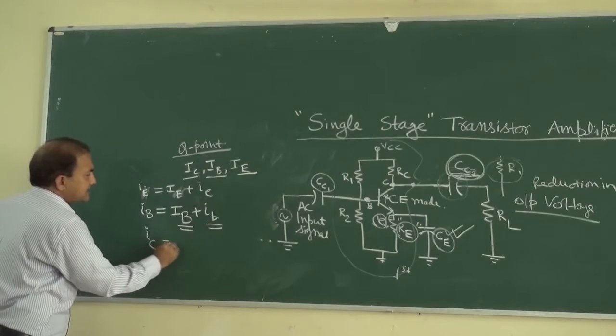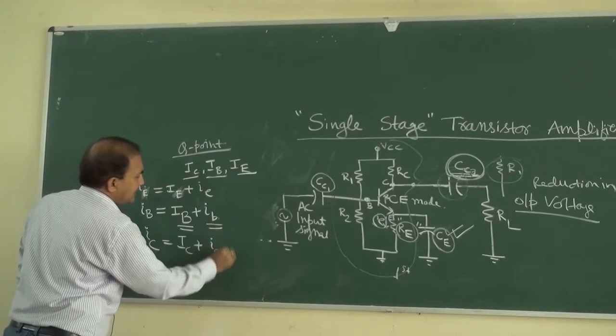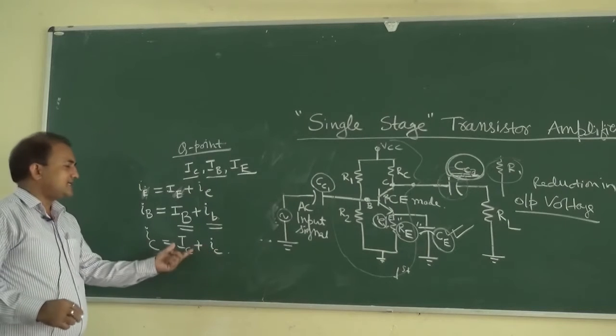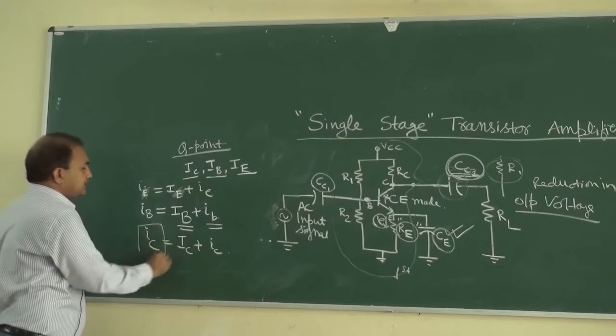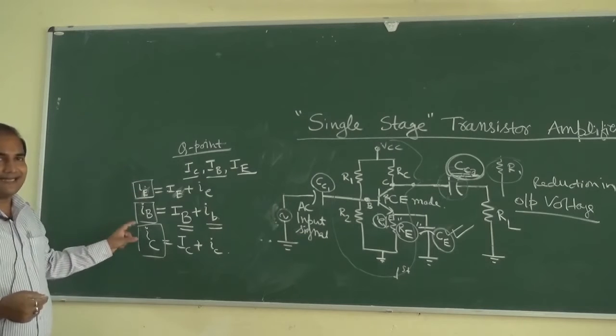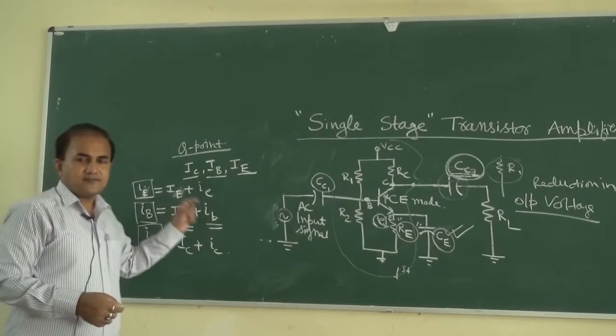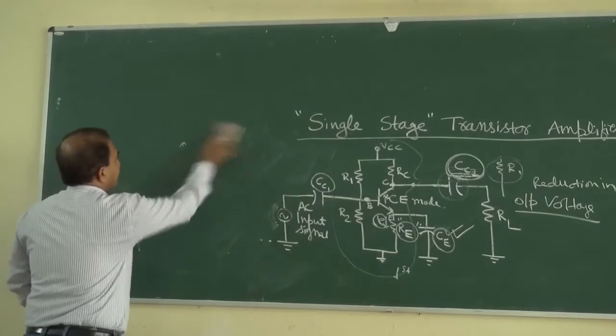Similarly, the total collector current is equal to ic plus IC, the AC component and the DC component. So this is the total base current, total emitter current and total collector current. Okay. So in this way we can determine these values.